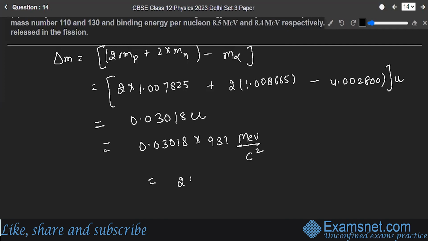So 0.03018 U gives you a total of 28.09758 MeV upon C squared.